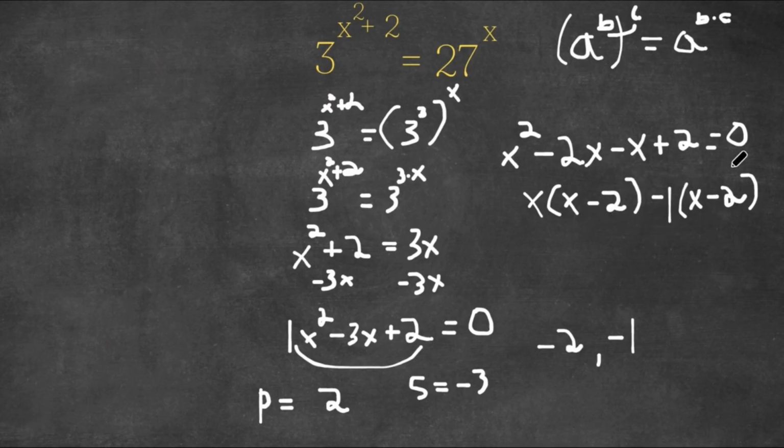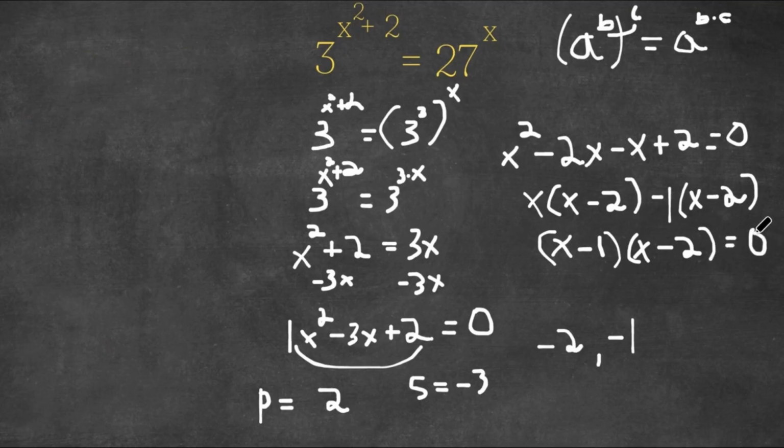Now this is the same thing as x minus 1 times x minus 2, and this is equal to 0.